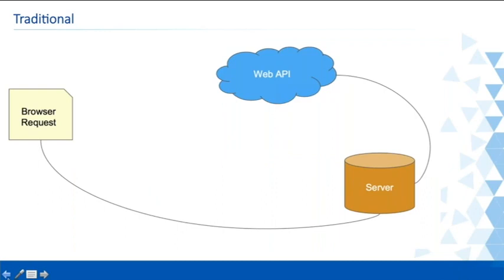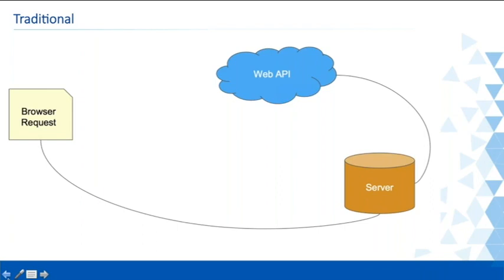This server may be the first level of proxy, or it may be a web server. Based on the request, if there is some static content like HTML, CSS, JavaScript, it would be returned straight away to the browser. If it wants certain data, it would internally call a web API, which will connect to your database, find the data, and return it to the server, which is then returned back to the browser.